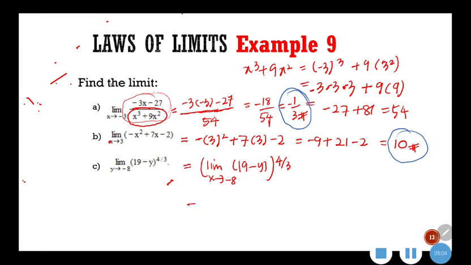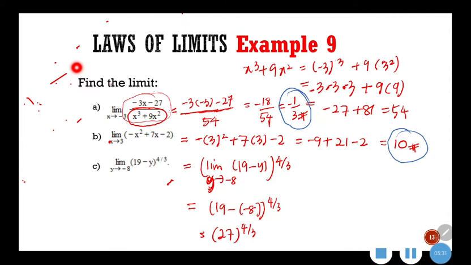Okay, so for this case, limit, sorry, it's not x, y kat sini, y approaching minus 8. So kat sini maknanya berapa kelas? 19 tolak dengan negatif 8 kuasa 4/3. So you will have 27 power of 4 over 3.